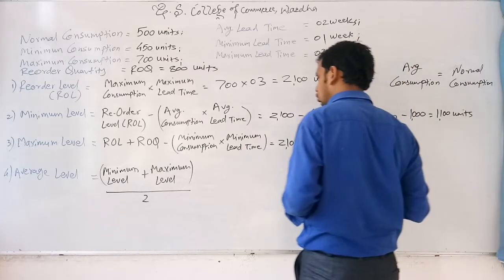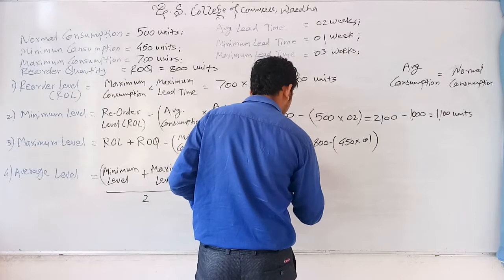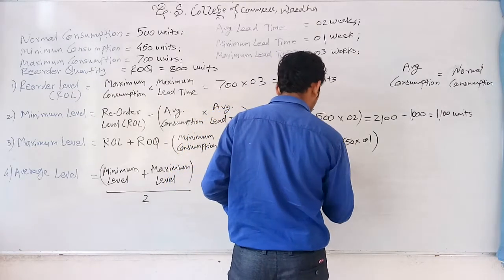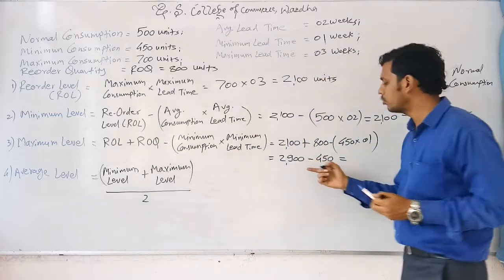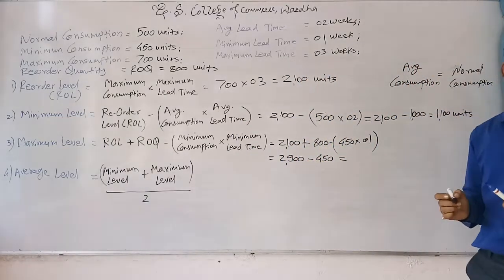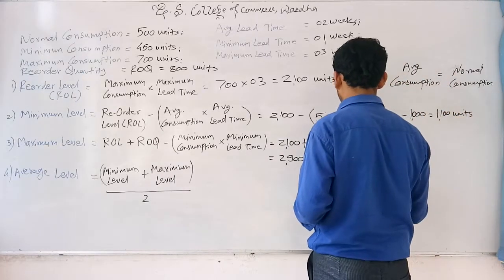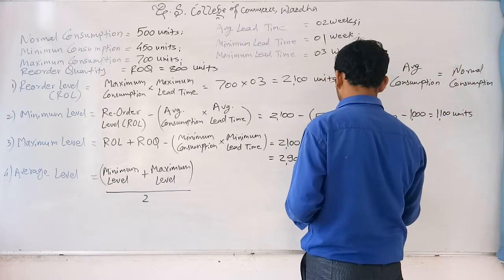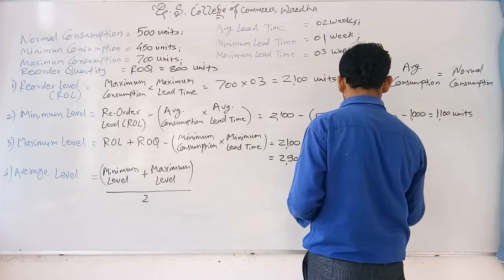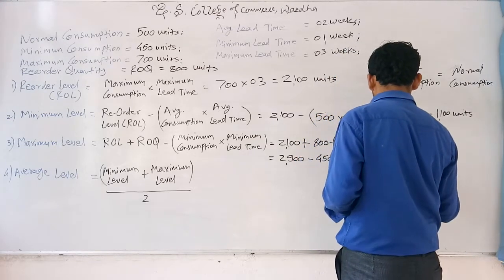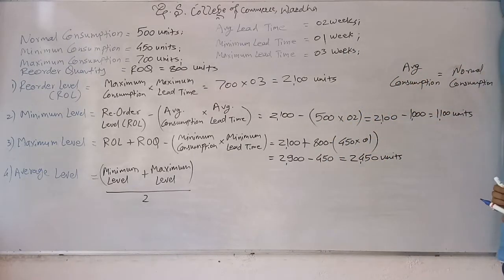Now we need to simplify it. 2900 minus 450 equals 2450 units. This is our maximum level of stock.